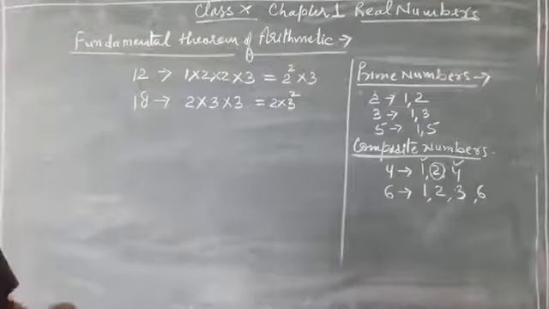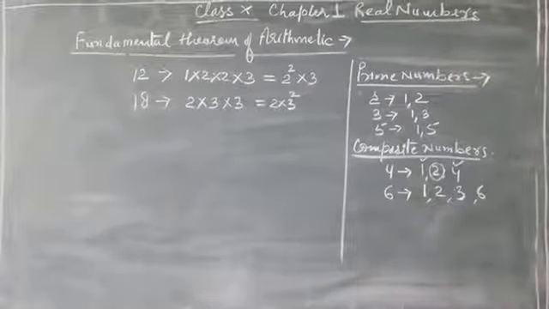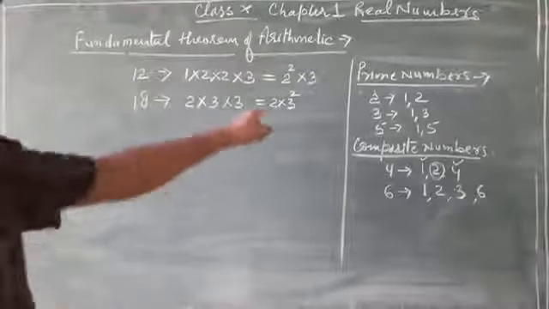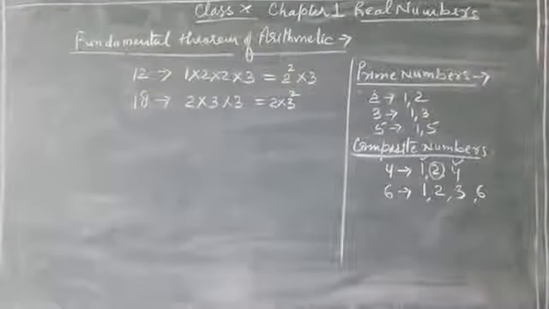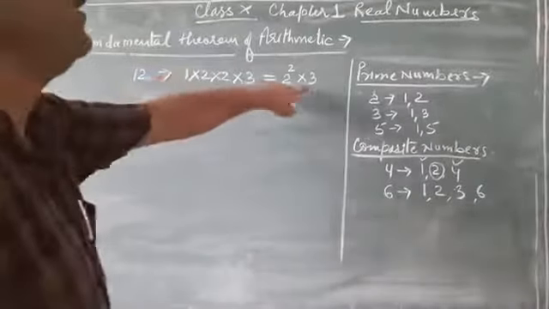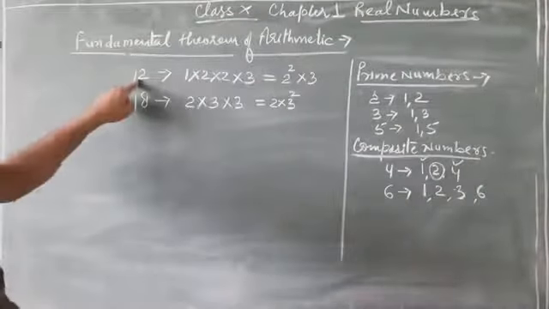So the fundamental theorem states that every composite number can be expressed as a product of primes, and this factorization is unique. Means 2 square into 3 is unique; it always represents 12.